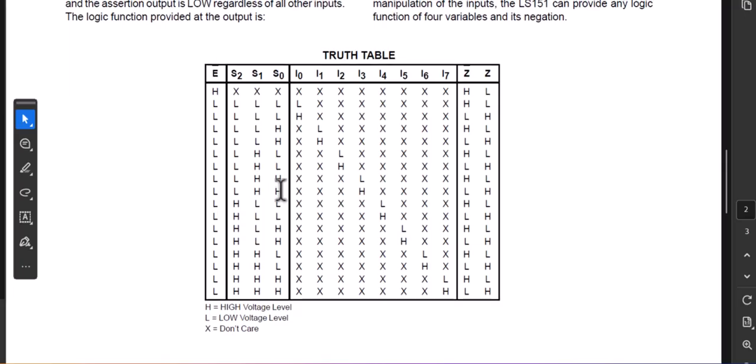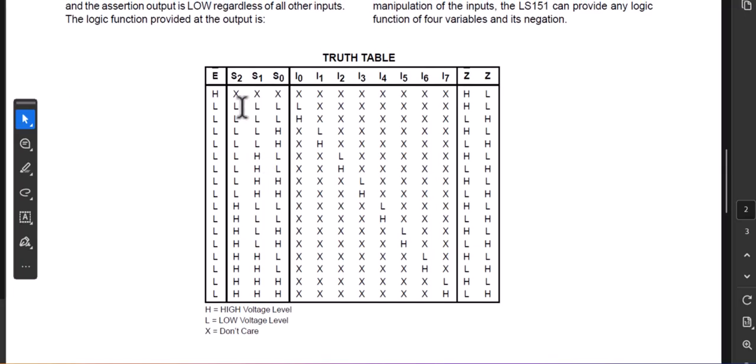Look at this truth table. And it's not the way you would think. It has your select inputs. If your select inputs are all low, so that'd be 0, 0, 0, then I0 is 0, then the output is high.